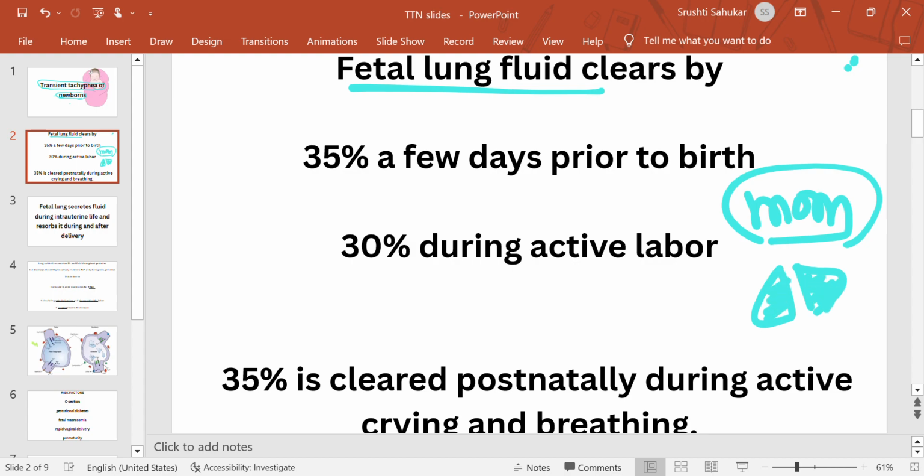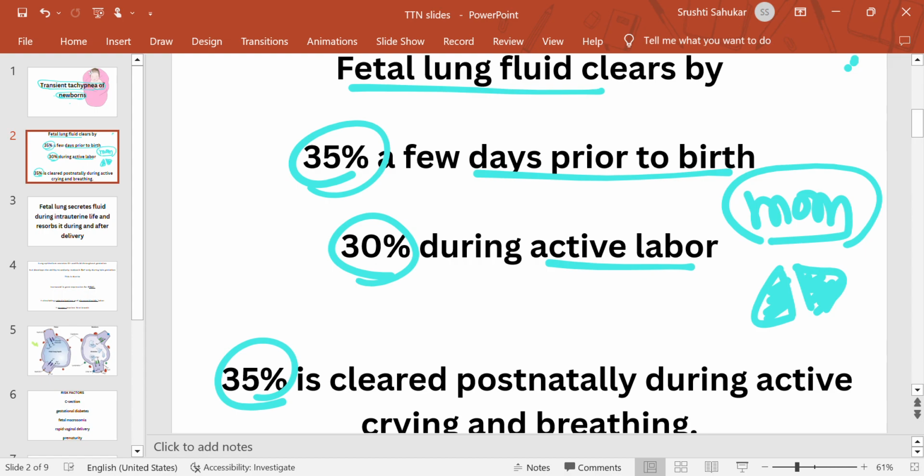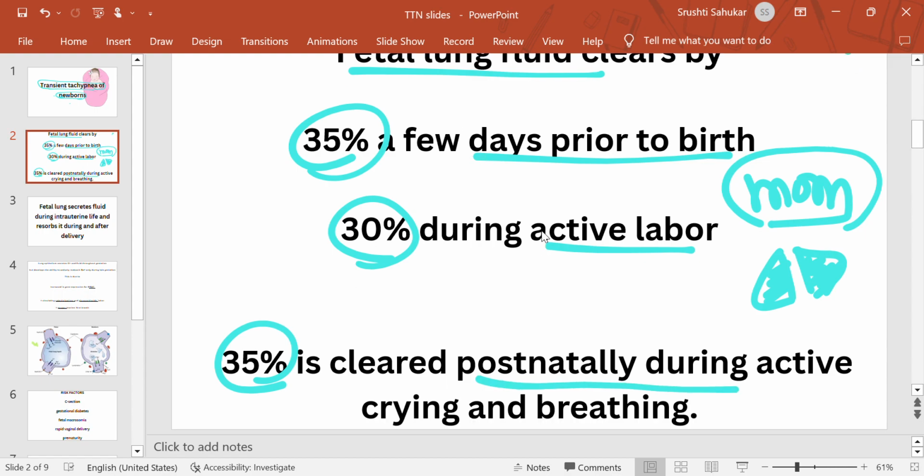And so what happens is 35% gets cleared a few days prior to birth, 30% happens during labor, and 35% again gets cleared postnatally during crying and breathing, right?